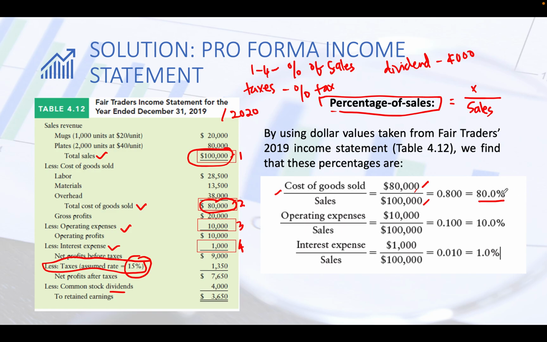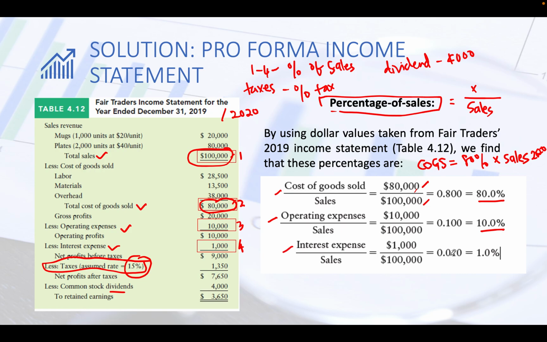So, maksud dia apa ni? Maksudnya adalah COGS ini adalah 80% daripada sales. Maksudnya COGS is 80% times sales. So, kalau macam tu, operating expenses adalah 10%. Maksudnya 10% daripada sales tahun 2020.